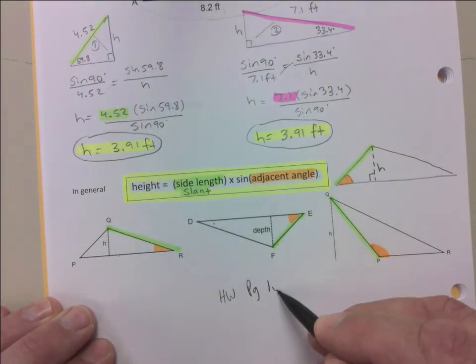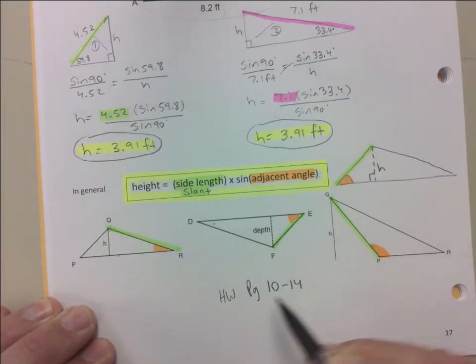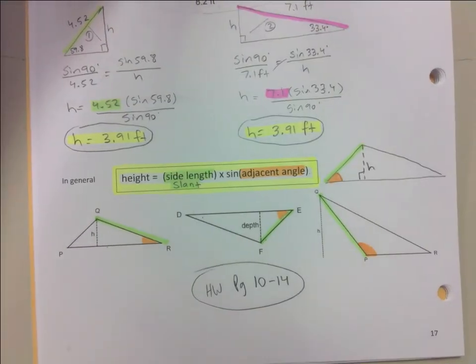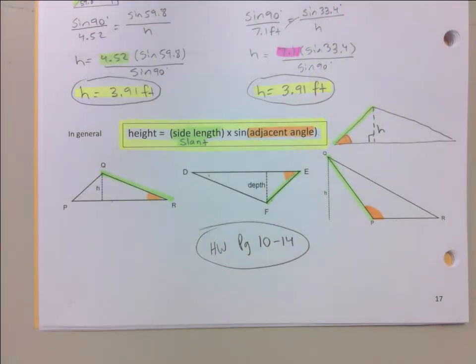I'm going to say 10 to 14. I will post more, but if you could work through those, page 10 to 14, you have 15 minutes left. Make sure you get started on that. And there will be some height questions in there from time to time. So not all of them will involve this, but make sure you practice that, all right?